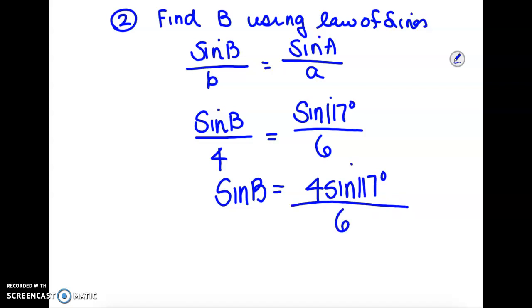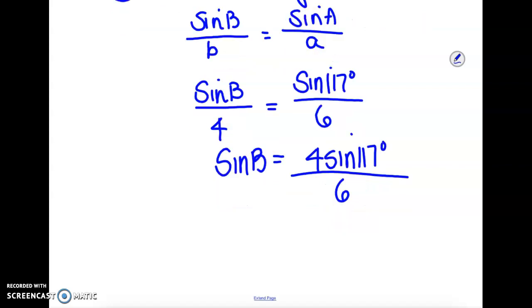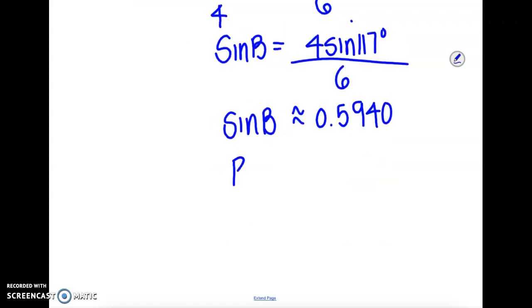We want to type that into our calculator. We're going to get a decimal value, about 0.5940. We want to use inverse trig, so you're going to push the second sine with your calculator.